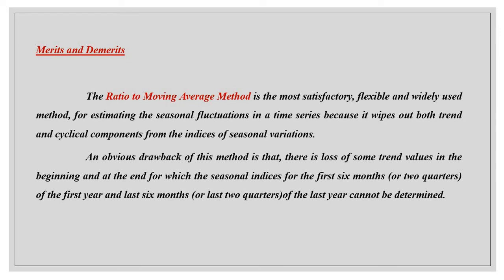An obvious drawback of this method is that there is loss of some trend values in the beginning and at the end, for which the seasonal indices for the first 6 months or 2 quarters of the first year and the last 6 months or last 2 quarters of the last year cannot be determined.